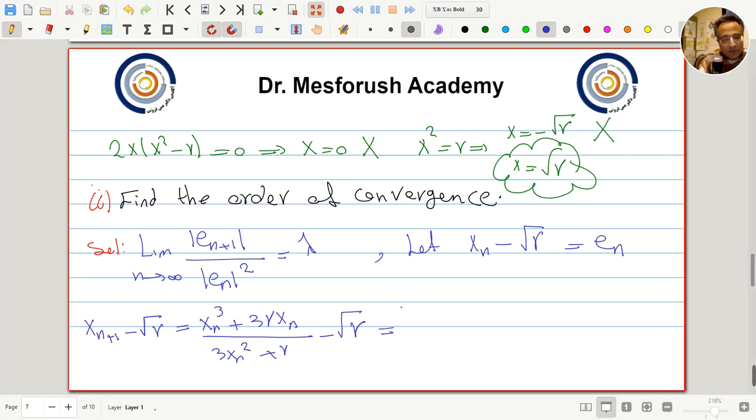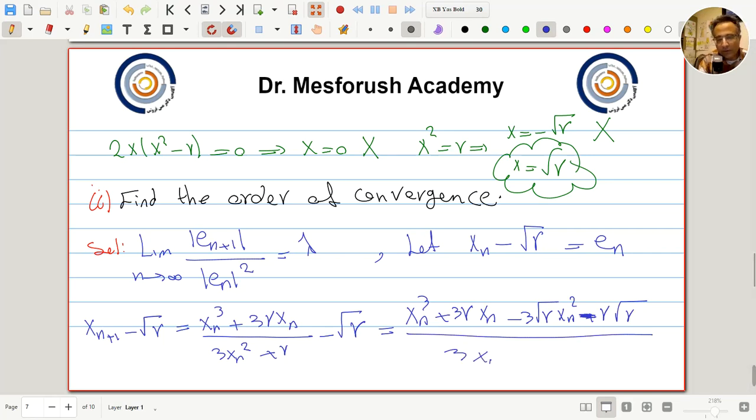We simplify the right hand side, and we get (x_n^3 plus 3r x_n minus 3 square root of r x_n squared minus r square root of r) over (3x_n squared plus r).